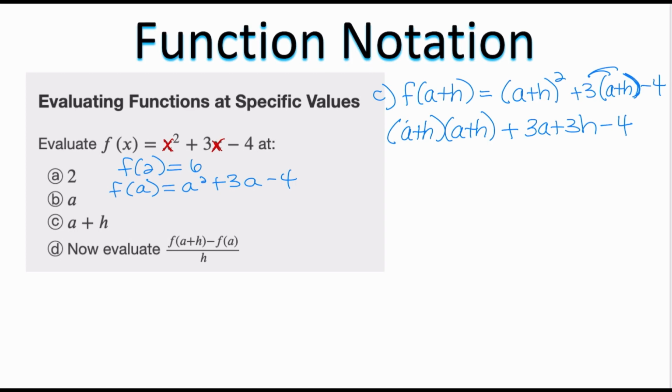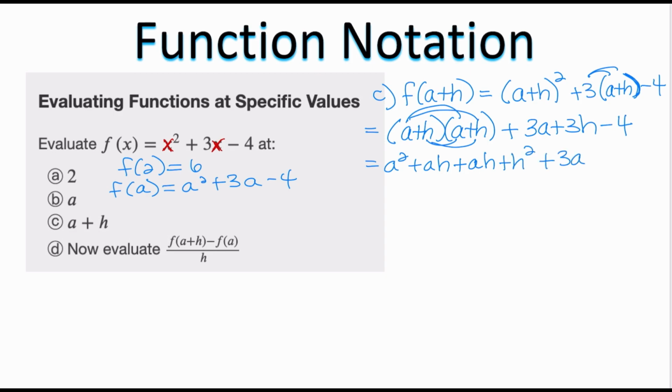So I'm going to go ahead and distribute. I get a squared. A times h is ah. H times a is ha, but I want to keep them in ABC order. So I'm going to write ah plus h squared.